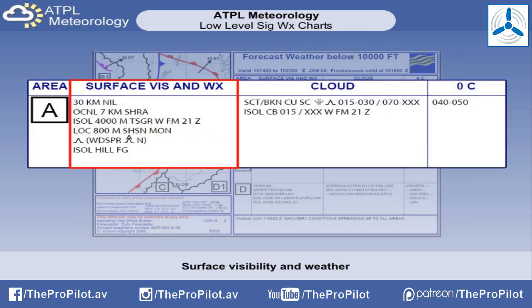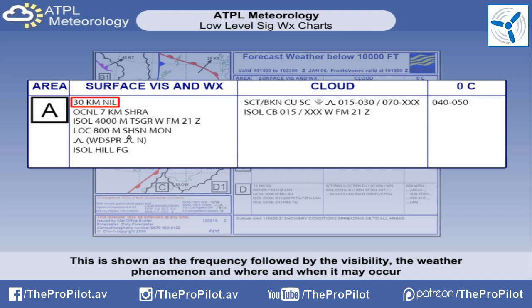Let's just focus on Area A, and the first column, which forecasts the surface visibility and weather. The first line of text details the general conditions that are forecast to occur in that particular weather area. In this case, the surface visibility is 30 kilometers with nil weather. However, some variation may exist within Area A which is different from the general conditions.